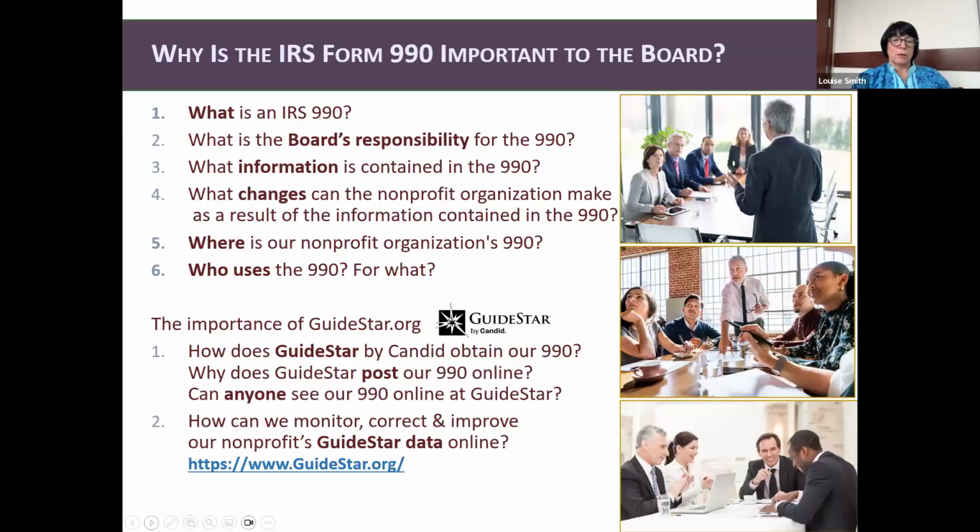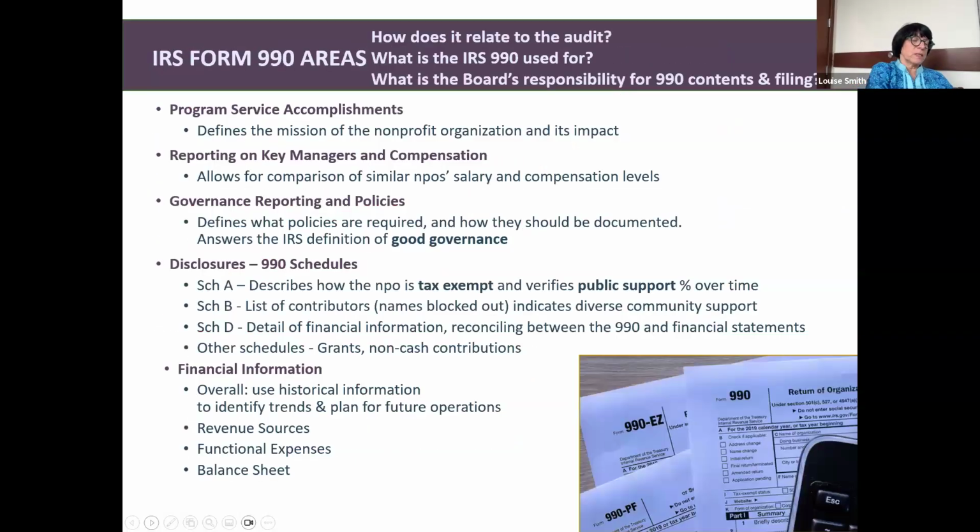All right, let's move on and see what the main sections of the 990 are. We're not going to go over these in detail, but there are program service accomplishments. This is where you have input. You want it to make your organization shine, okay? That's really important. It also has information on key management's compensation.